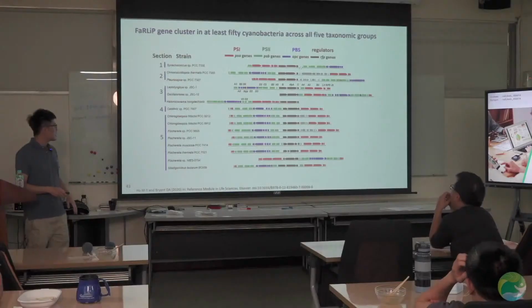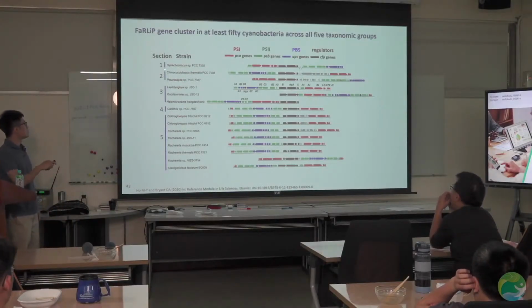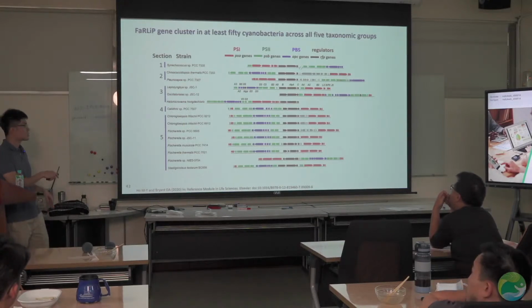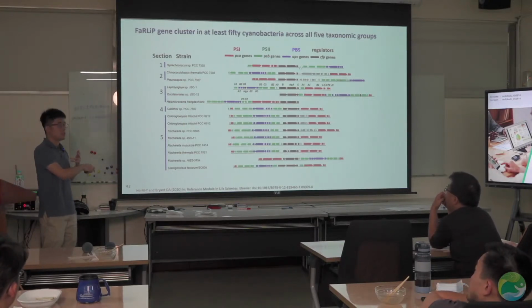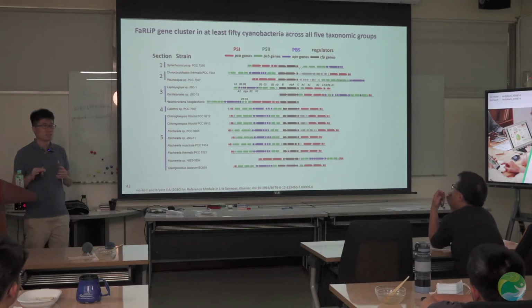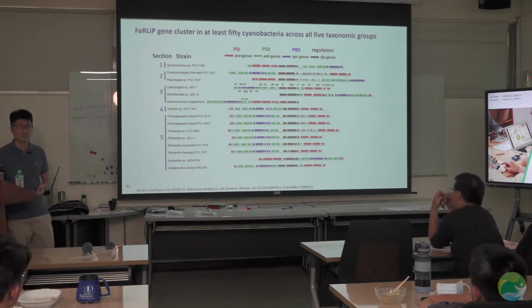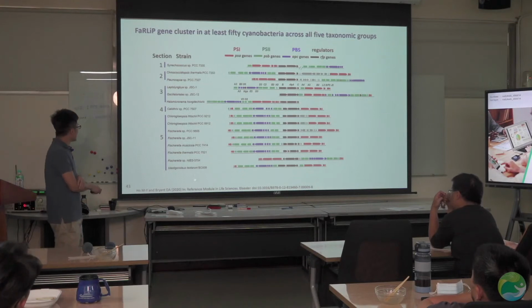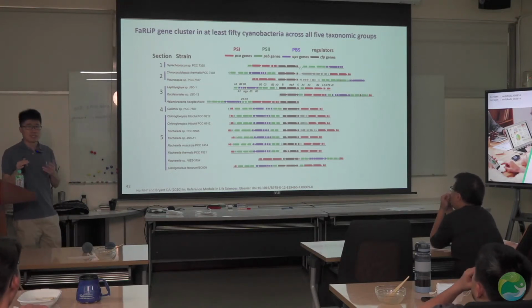And you can see that this gene cluster has been found in different sections of cyanobacteria, from 1 to 5. If you still remember, from 1 to 5 they have different morphologies, unicellular and filamentous. These clusters are found in all of these sections.